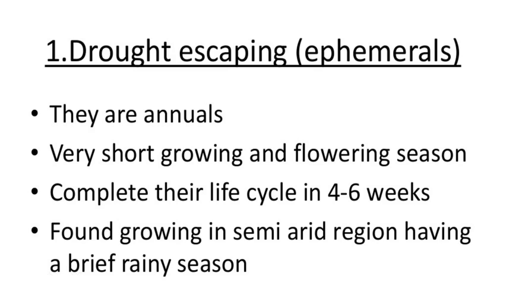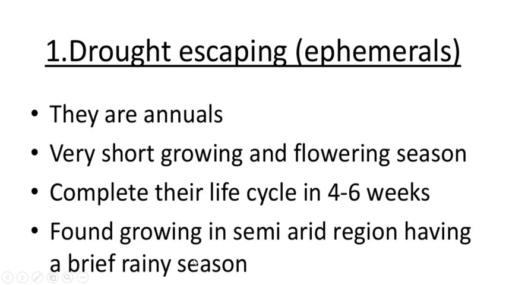Drought escaping, that means ephemeral plants. They are mostly ephemerals or annuals, with very short growing and flowering season, completing their life cycle within 4 to 6 weeks, found growing in semi-arid regions having a brief rainy season. They are mostly found in arid zones having a brief rainy season.